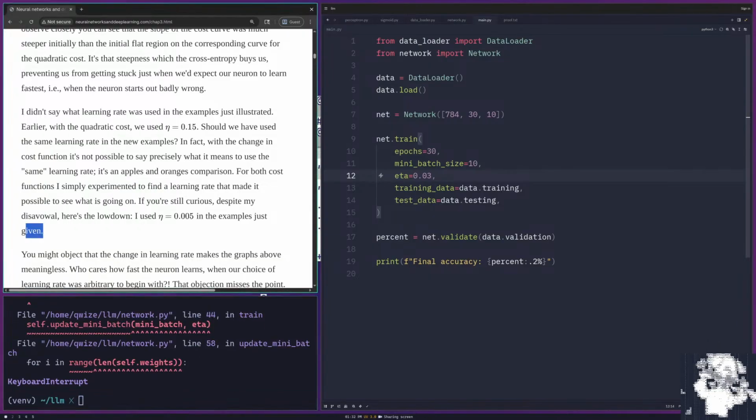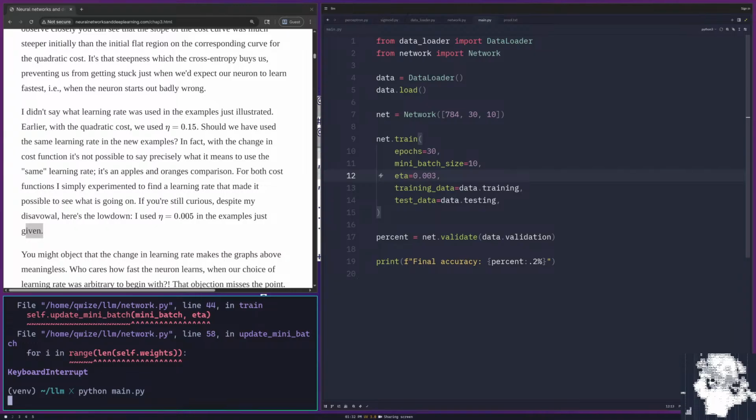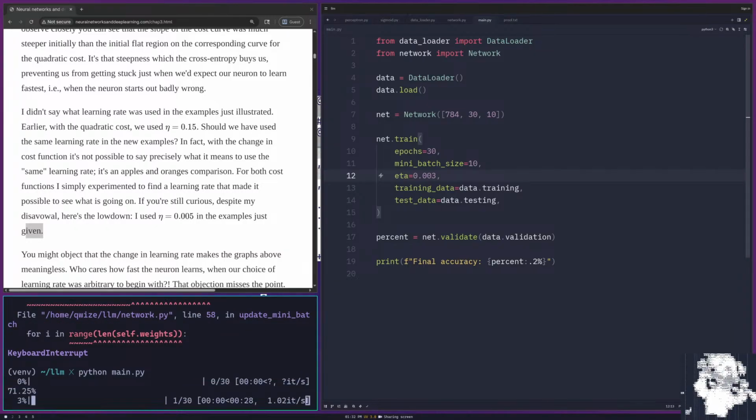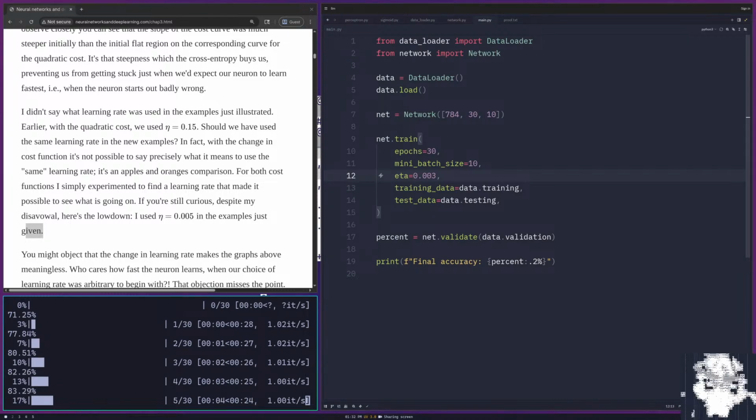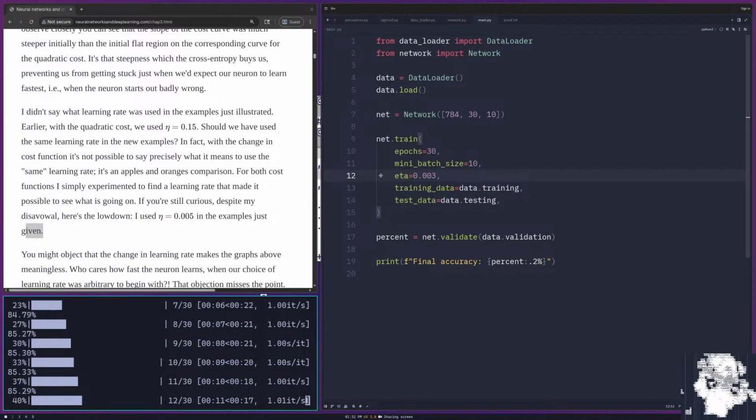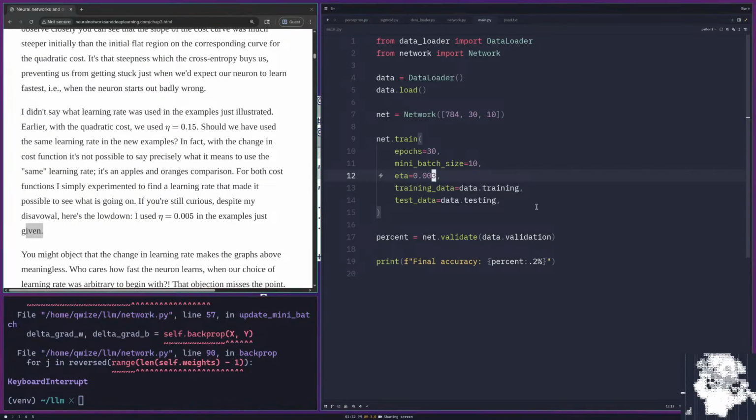That didn't really make a change. What if it's 10 times smaller than that? I don't think that's better either.